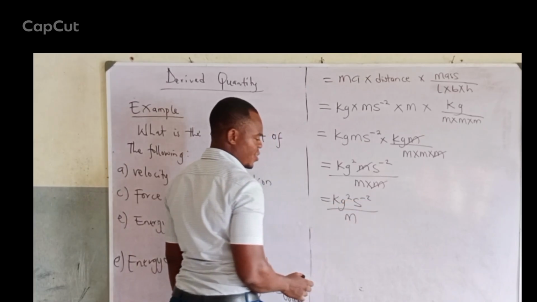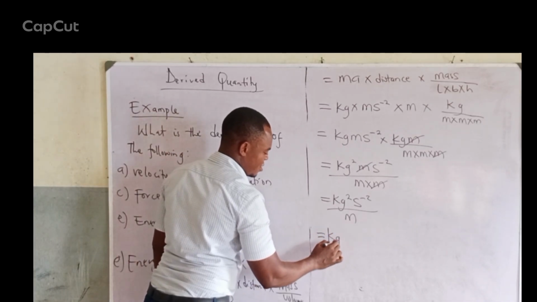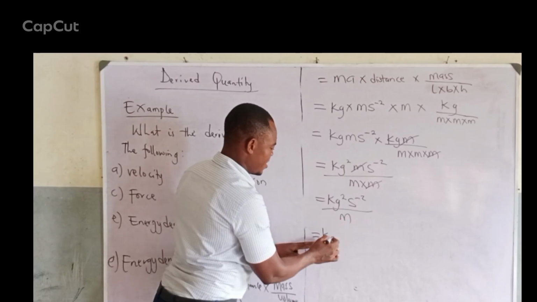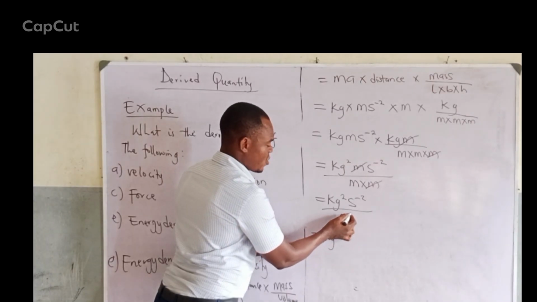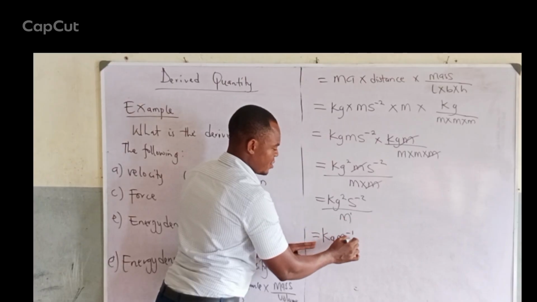So we make it linear. We write it linearly: kg^2 m^-1 s^-2, the m coming up with minus power 1.